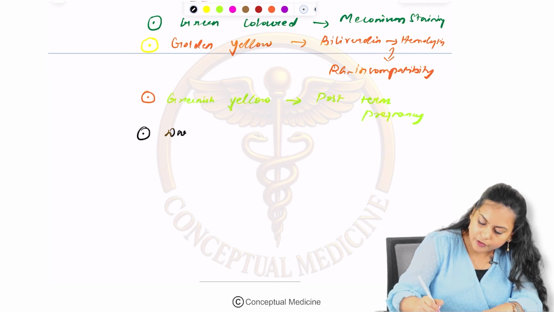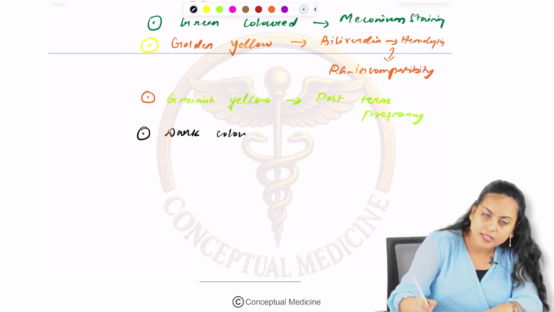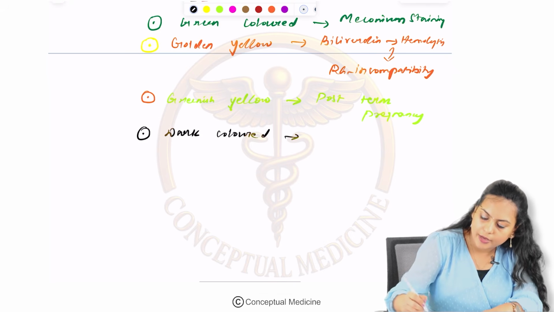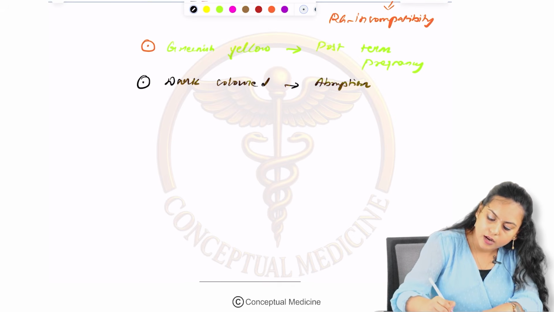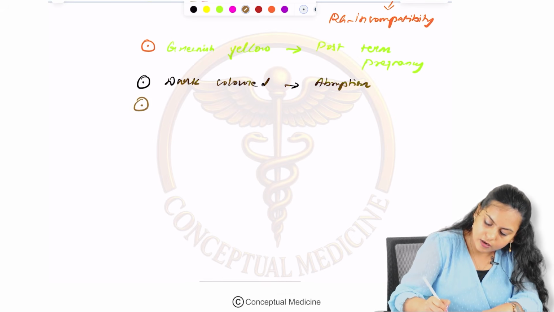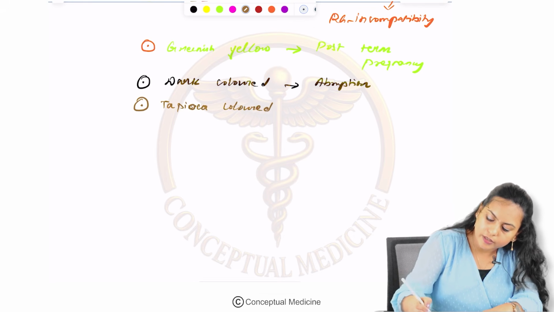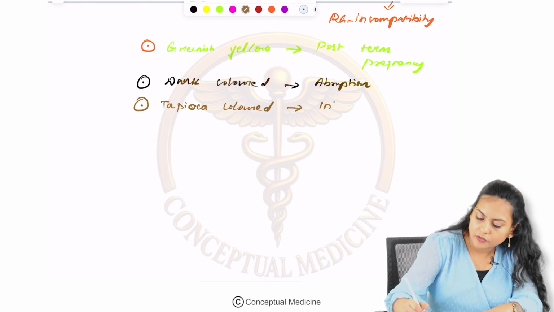Dark colored amniotic fluid is seen in case of hemorrhage, that is happening in cases like abruption, and tapioca colored staining of amniotic fluid is seen in case of intrauterine death.